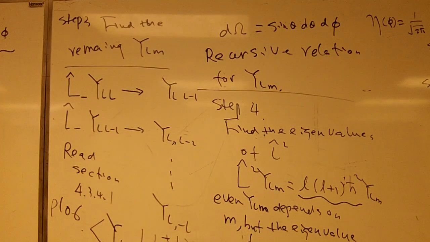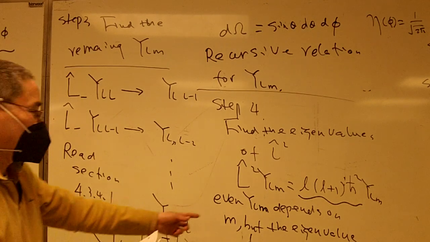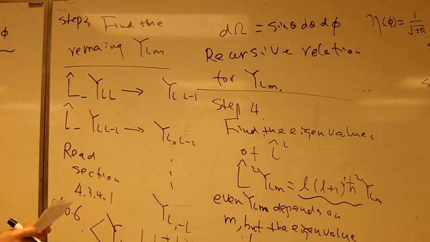So in other words, even the Y_Lm itself depends on m because clearly it's a function of m, but the eigenvalue itself does not. This is something quite unusual in the sense of how you can have a function without actually affecting this. This is the main idea of the common state.